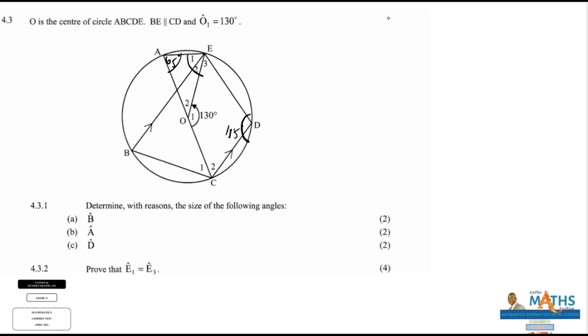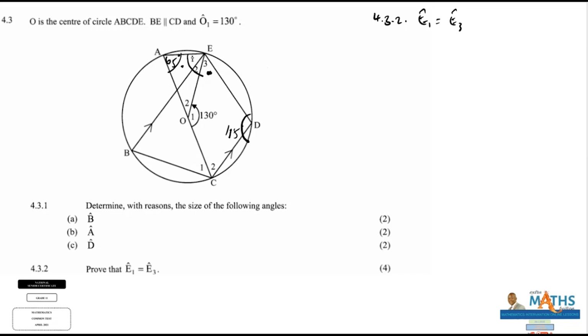Now we need to prove that angle E1 is equal to angle E3. Where is angle E3? There is angle E3 and there is angle E1. We need to find a relationship between these two angles.